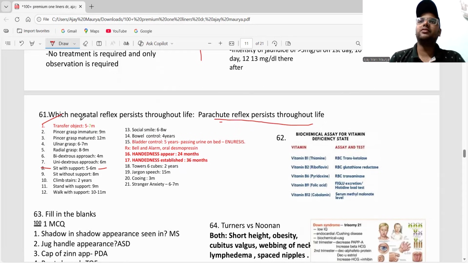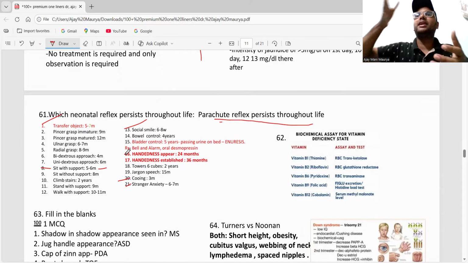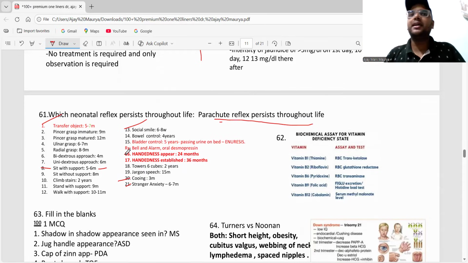Transfer object is 5 to 7 months only. And one more important: social smile is 2 weeks. Stranger anxiety is 6 to 7 months. Cooing 3 months. Remember handedness appears. What is handedness? The child comes to know that he is right-handed or left-handed. It appears at the 24th month and is established, meaning he knows completely, by 36 months. These are very, very important.